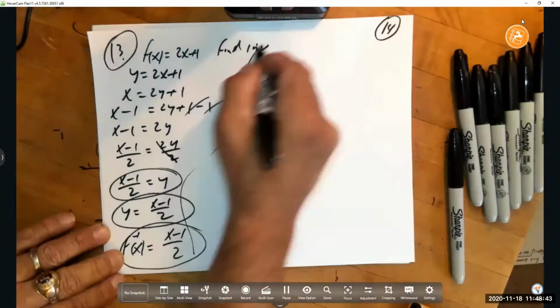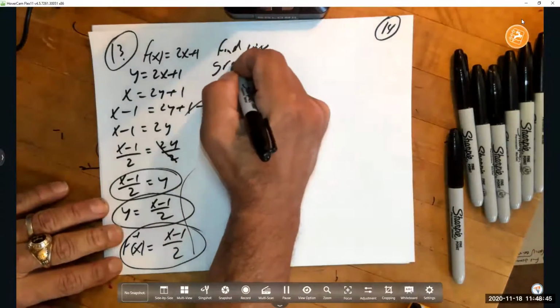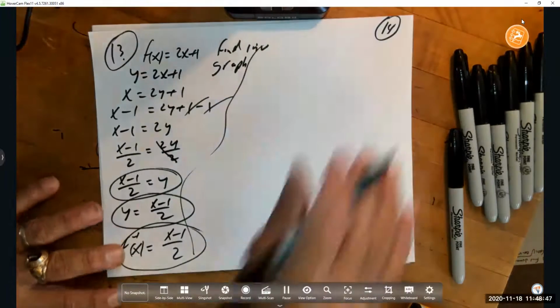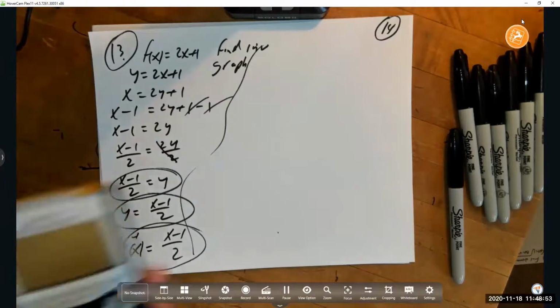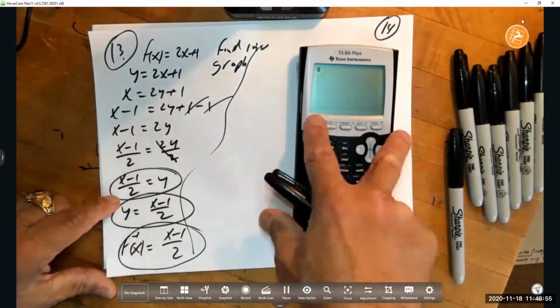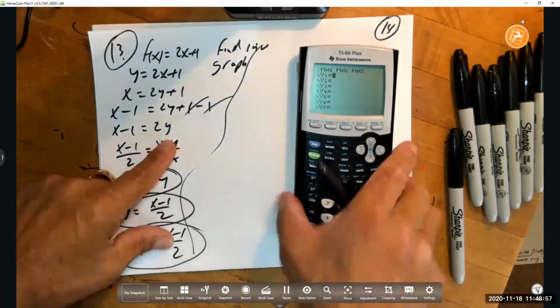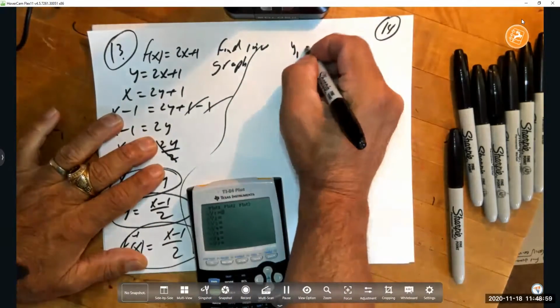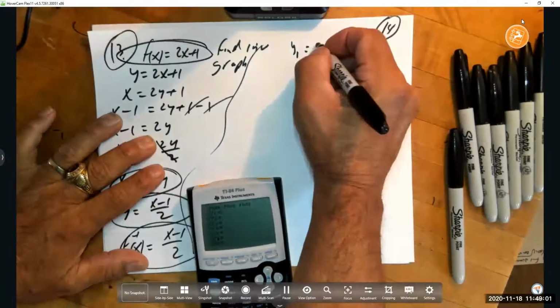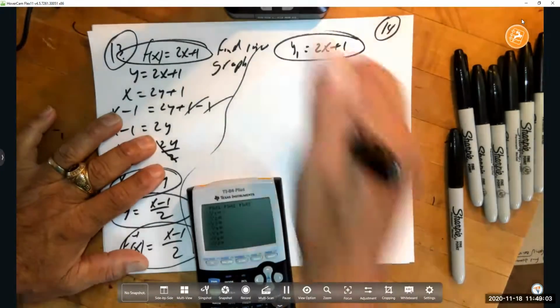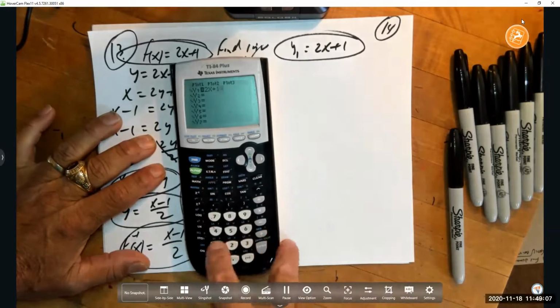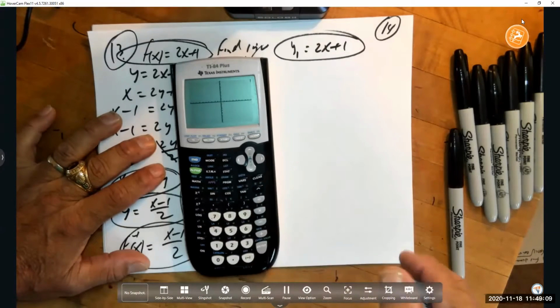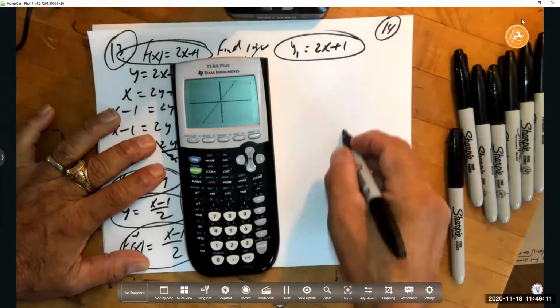So now I'm going to graph these things. Let's put it on the calculator, of course. All right, y1 is the original problem, 2x plus 1. Graph that.